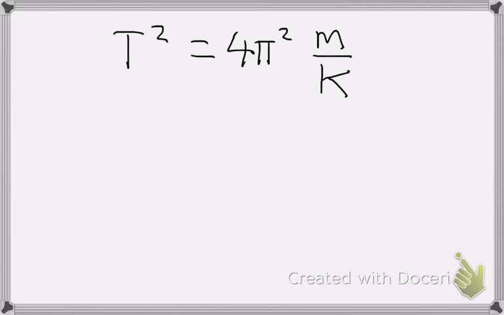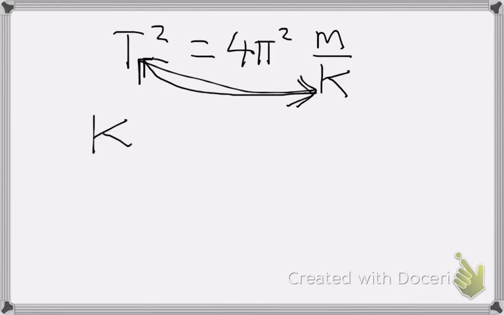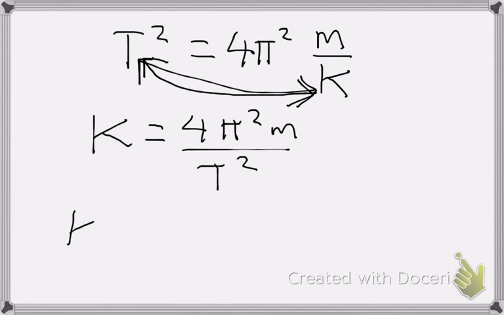So instead of doing this the long way of multiplying by k and then dividing by all the other stuff, just switch T squared and k. You're going to get the exact same result. And it will be this. If you do your algebra correctly, you will have this. So now we just plug in all of our values for the mass and the period.